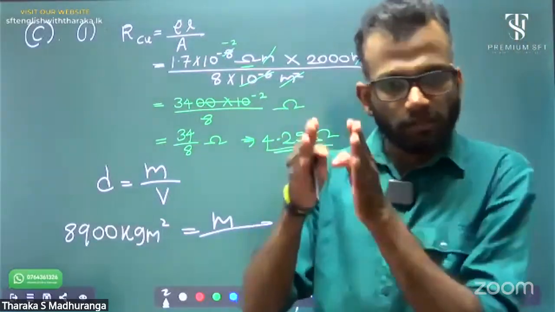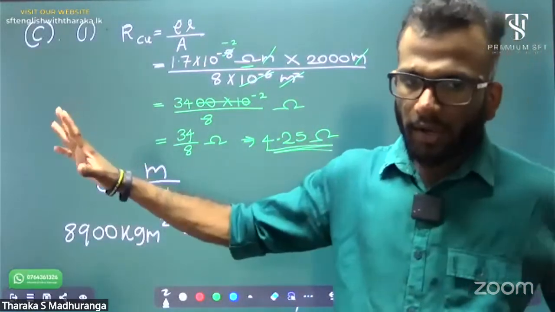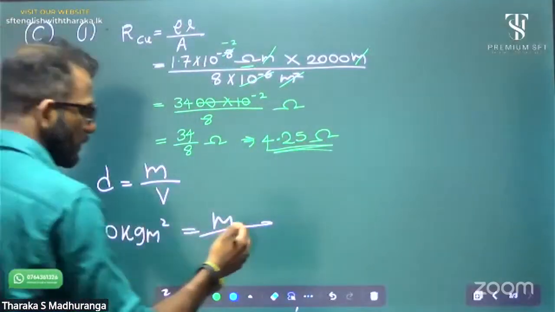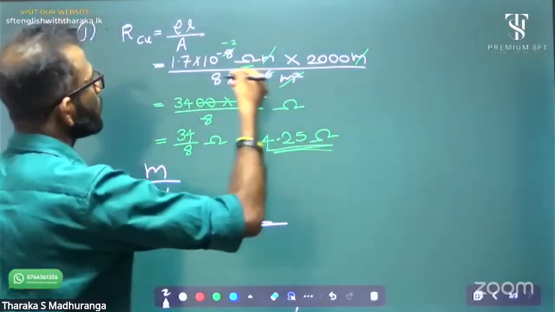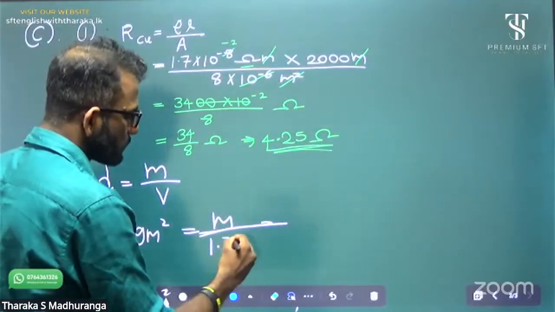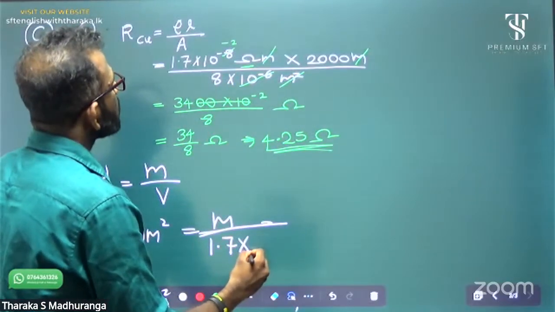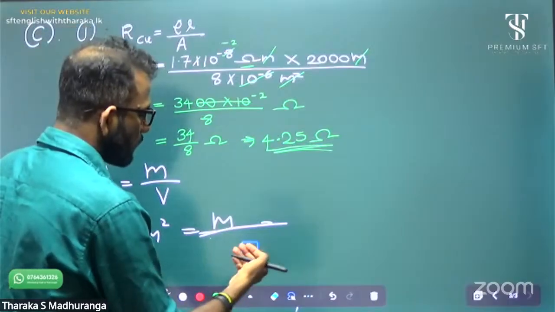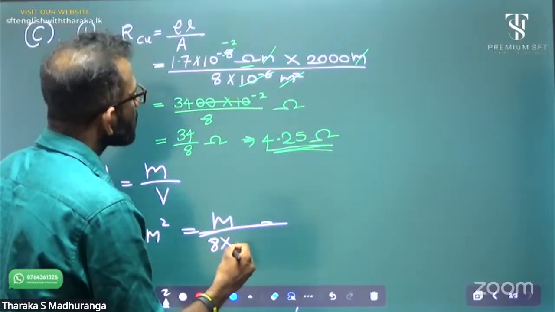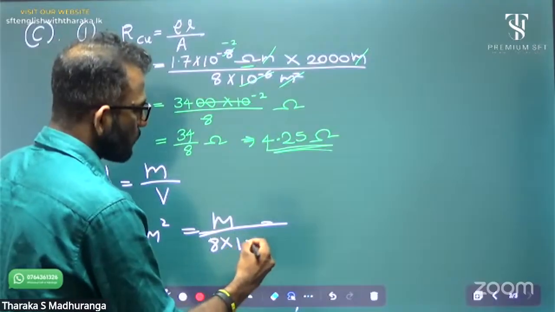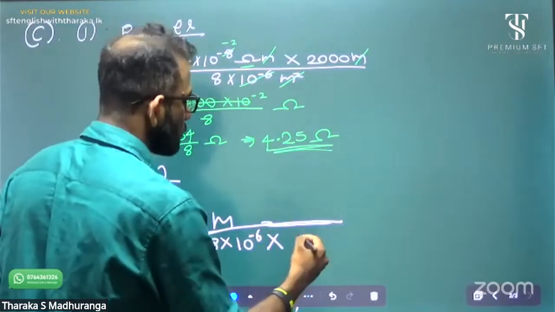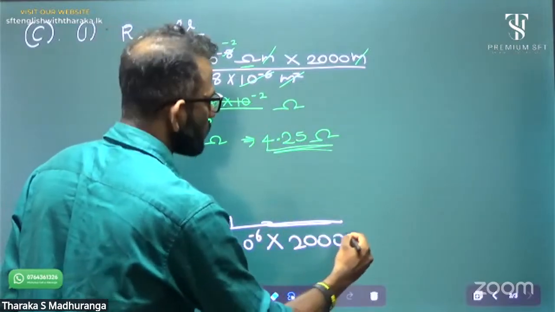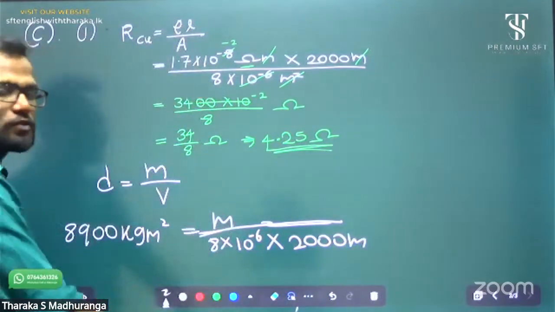We get it from the cross section area multiplied by length. What is the cross section area? 8 into 10 to the power minus 6. What is the length? 2000 meters. Now you can isolate them.